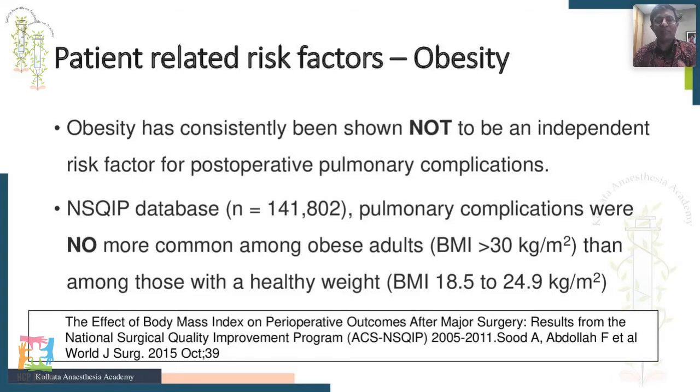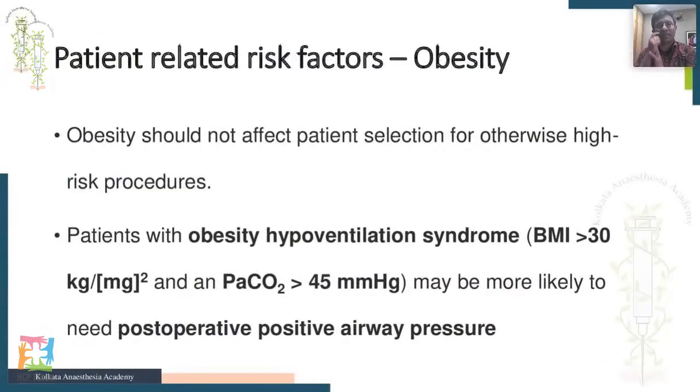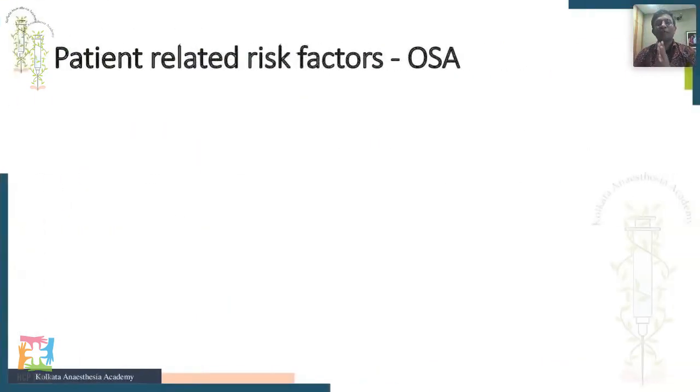So obesity per se is not an independent risk factor for postoperative pulmonary complications. However, if they have obesity hypoventilation syndrome, somebody with a BMI of more than 30 with a PCO2 of greater than 45, these persons will definitely have higher chances of requiring CPAP or positive airway pressure therapy in the postoperative period.